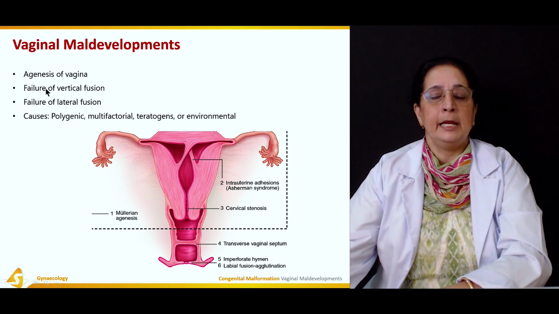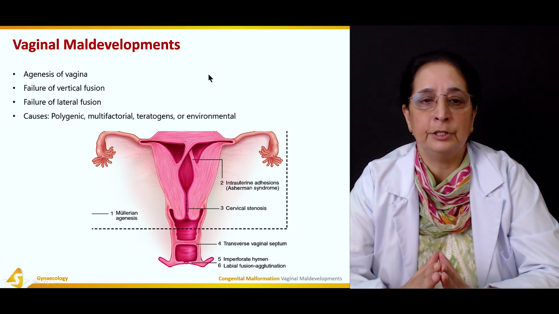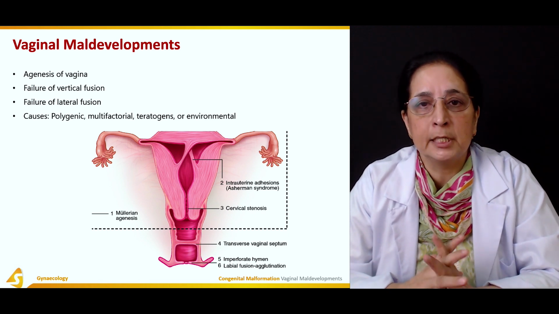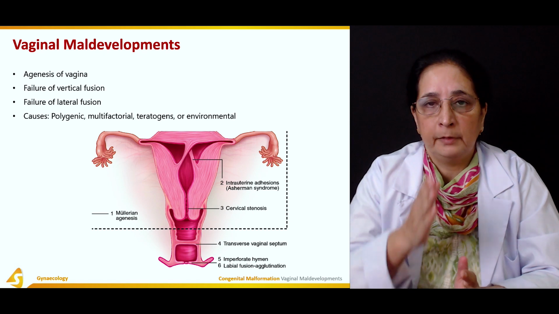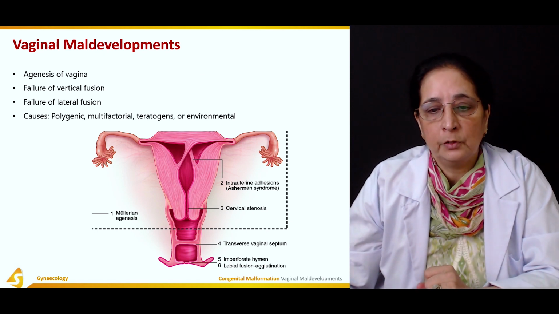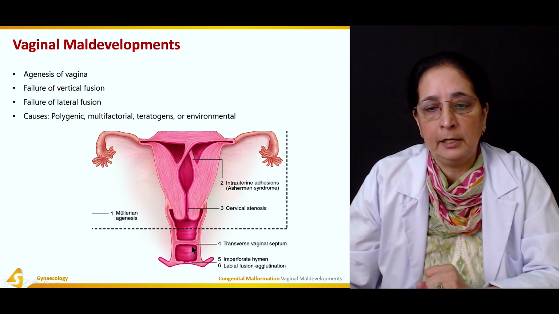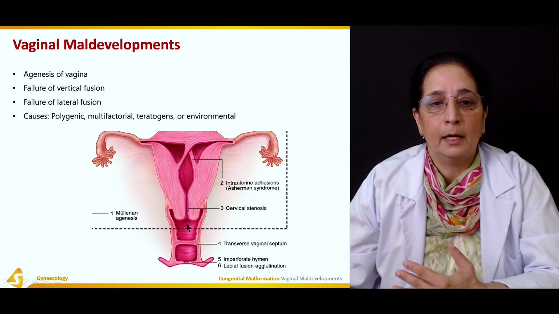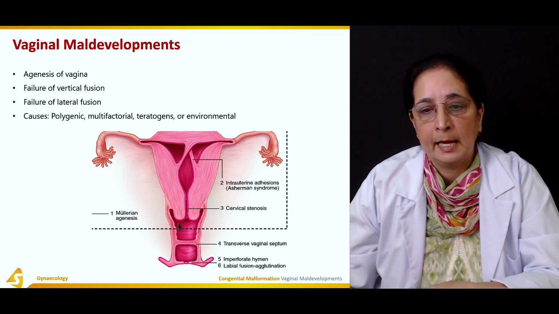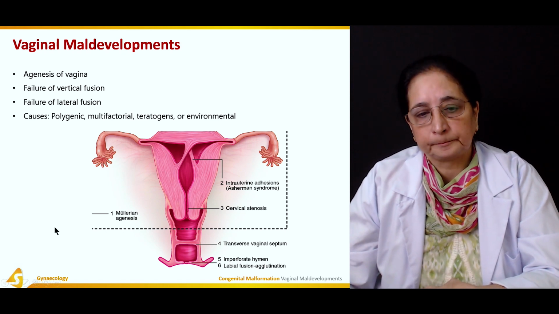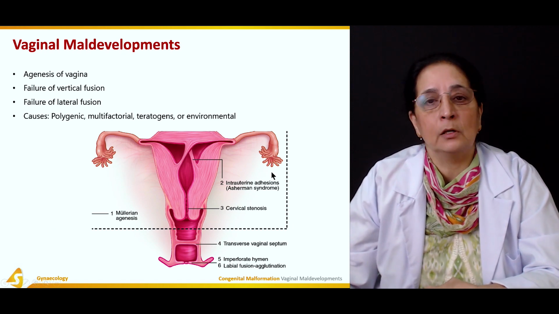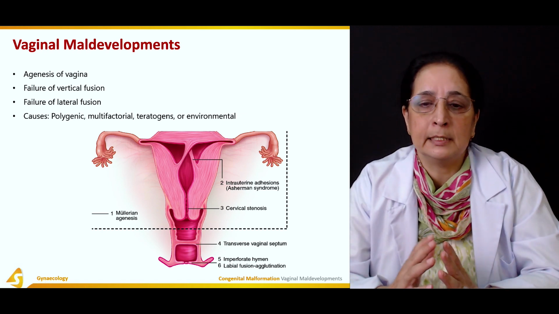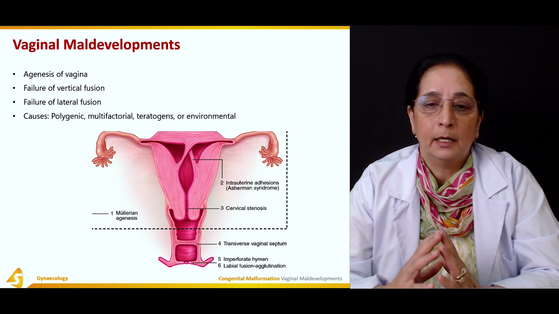So it can be agenesis of the vagina, failure of the vertical fusion, which also leads to vaginal maldevelopments, and failure of lateral fusion can also lead to maldevelopment. All the causes can be teratogenic.